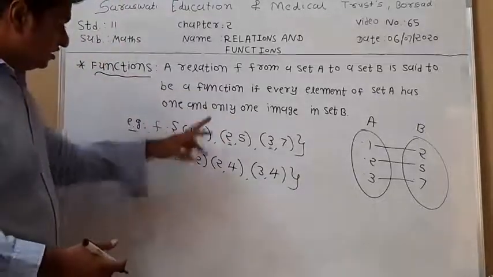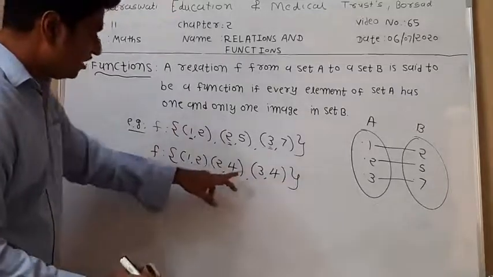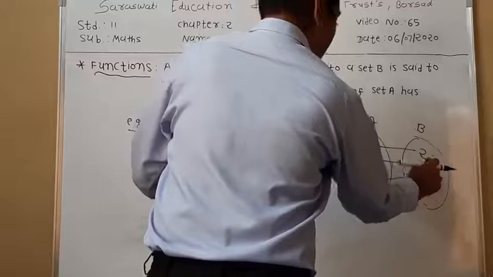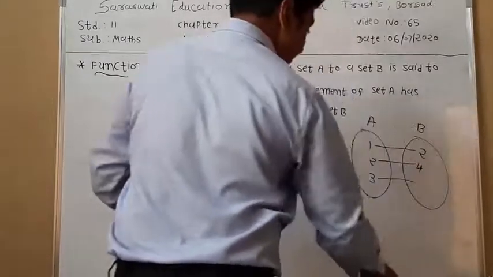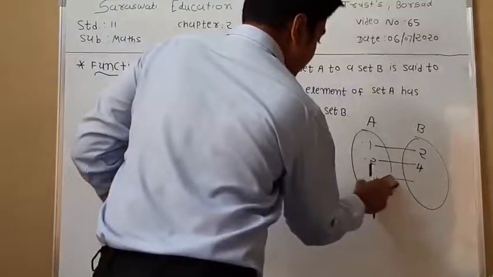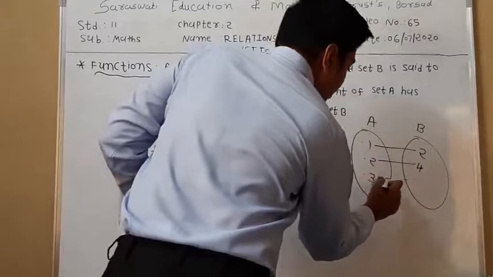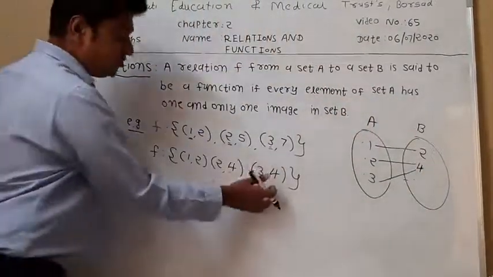See here, 1, 2 and 3 in the domain position, no element repeats here. Here 2, 4, only 2 and 4 are present, and 3 is also going to the image 4, right?